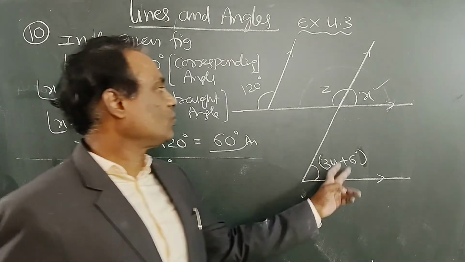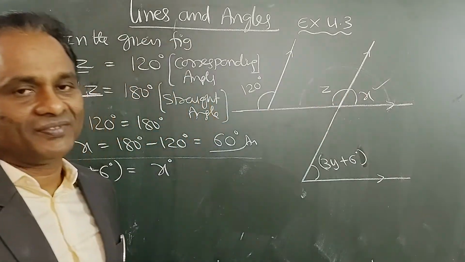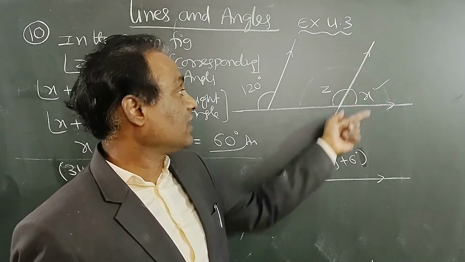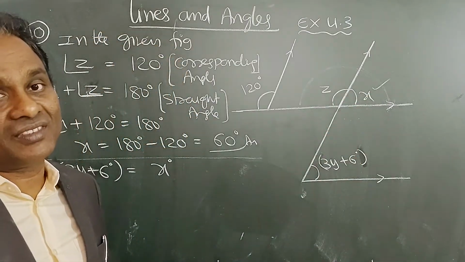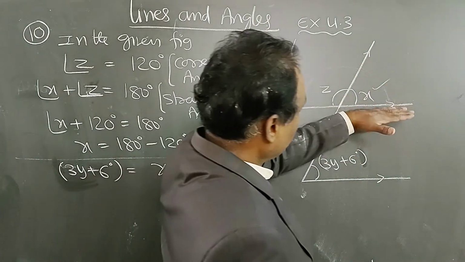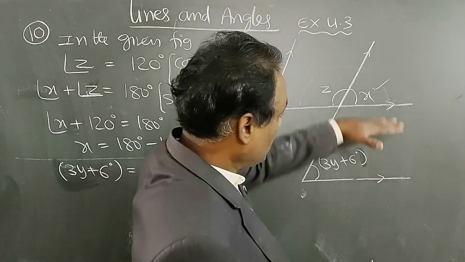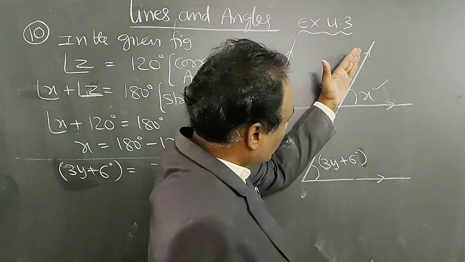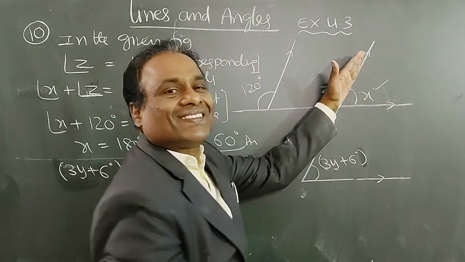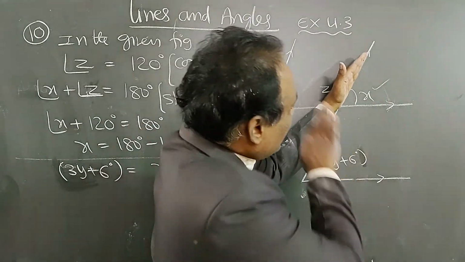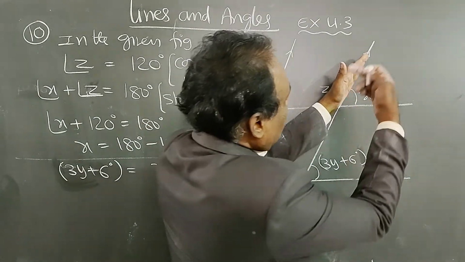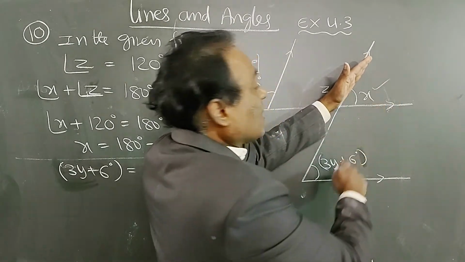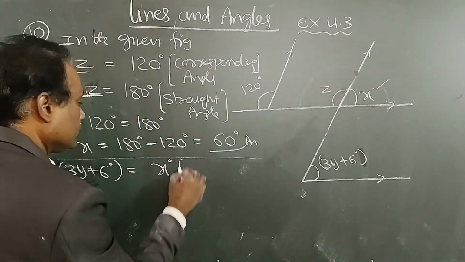I am saying that these two are equal. Why? The reason is these two are parallel lines and this is the transversal. These are the corresponding angles, on the same side of the transversal, one exterior and one interior. They are called corresponding angles.